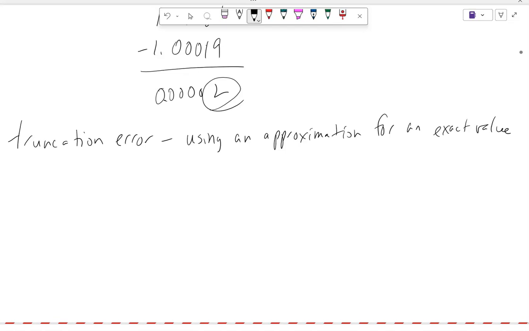It's due to the algorithm that you're using to try to compute the number you're after. So let's say it's an error in using an algorithm to approximate a value.